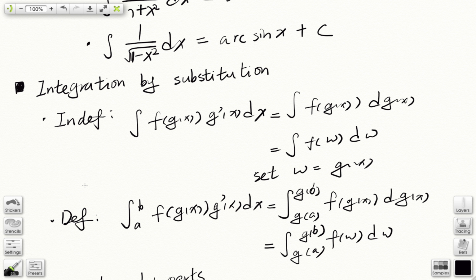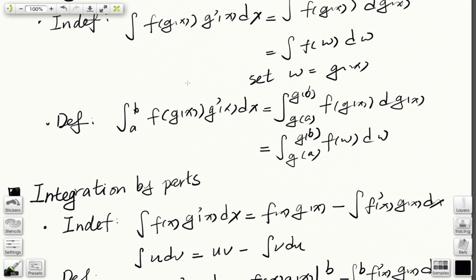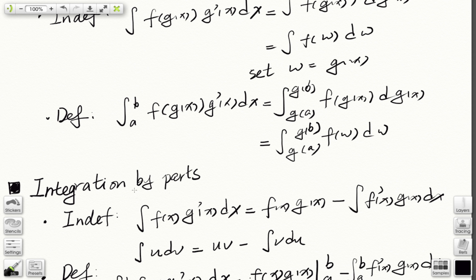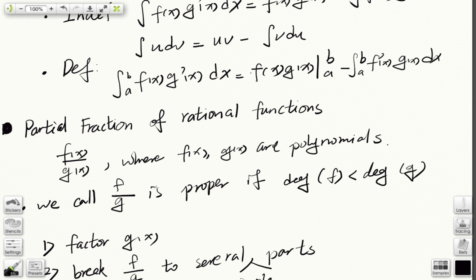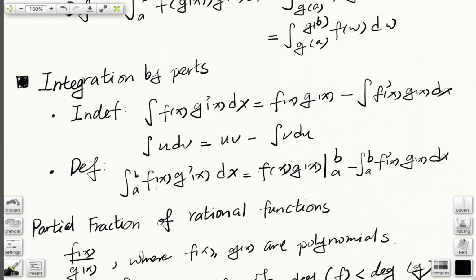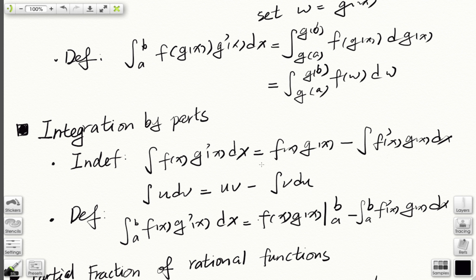And if it doesn't work, then you can use substitution. And integration by parts is our backup plan, since it's too complicated. And even if you get a form like this, you can't guarantee that it is solvable.